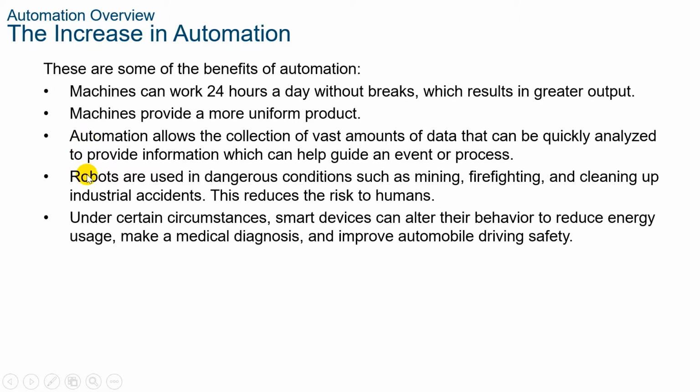Robots are used in dangerous conditions such as mining, firefighting, and cleaning up industrial accidents. This reduces the risk to humans. And the last one is, under certain circumstances, smart devices can alter their behavior to reduce energy usage, make a medical diagnosis, and improve automobile driving safety.